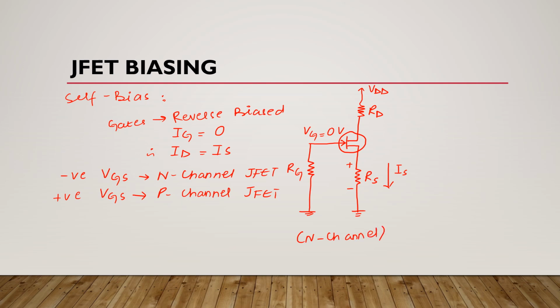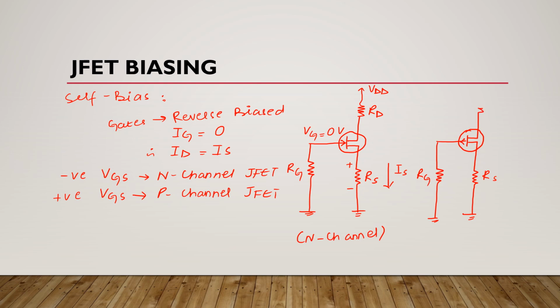Now what about P-channel JFET? The self-bias arrangement of a P-channel JFET is like this. Okay, this is RG, this is RS. Here the arrow is like this.